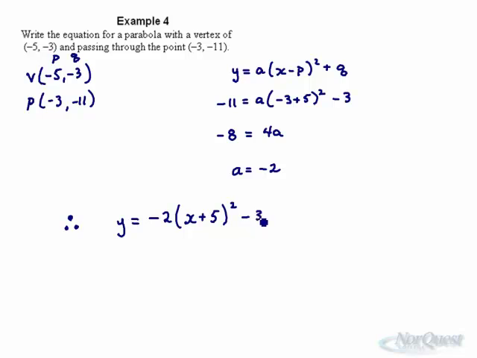The biggest mistake that I see students make when they first start dealing with these equations or with properties is they forget that the p value always has the opposite sign of what's in that bracket. You see a plus sign, then p is negative. You see a subtraction sign, p is positive. And why does that happen?